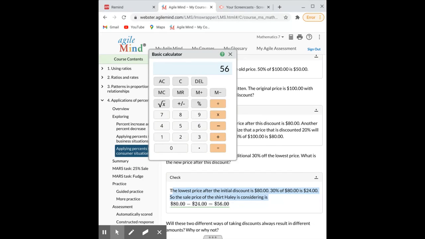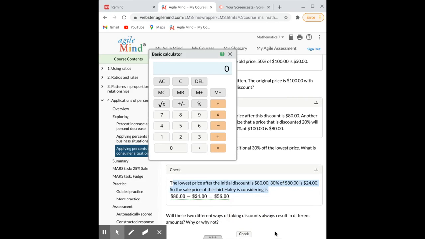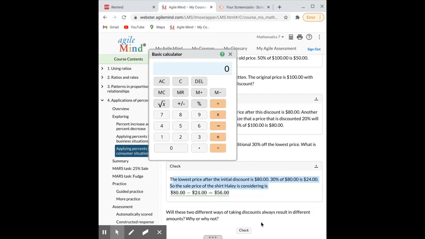Nope. All righty. So the next one we have is, will these two different ways of taking discounts always result in different amounts? Why or why not? What do you think, class? Repeat that again.